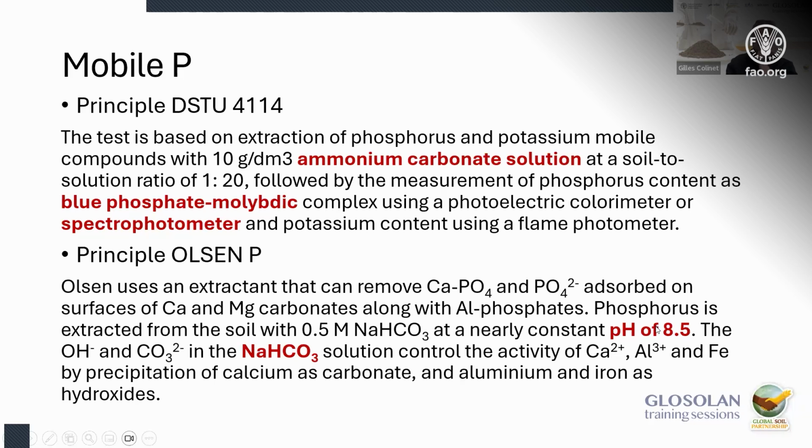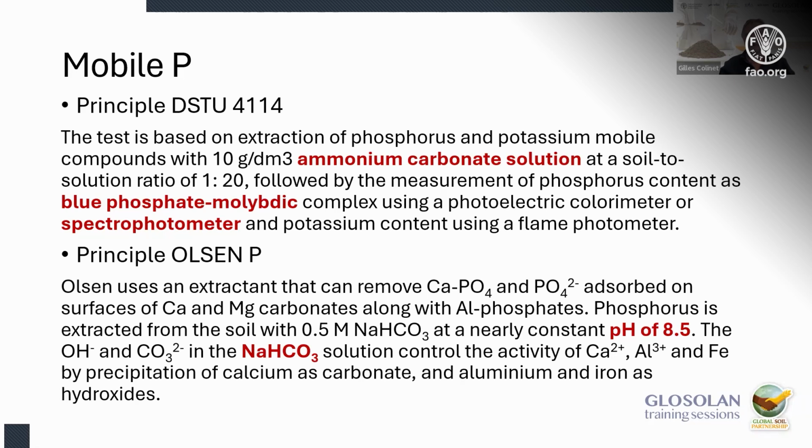So when you put sodium bicarbonate, you put, of course, HCO3, and the anions that you put into the system will control the activity of calcium, aluminium, and iron, which have big interference with the phosphorus.